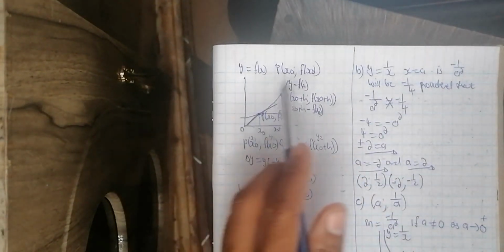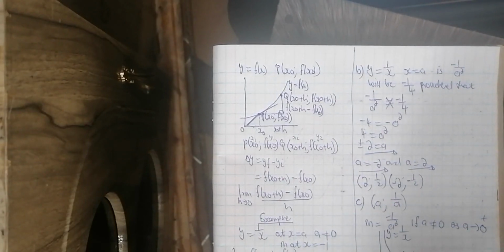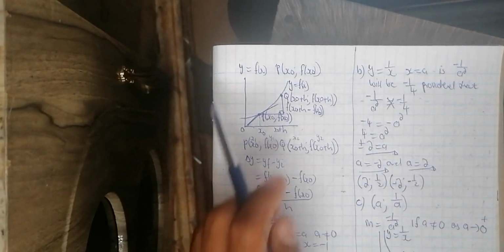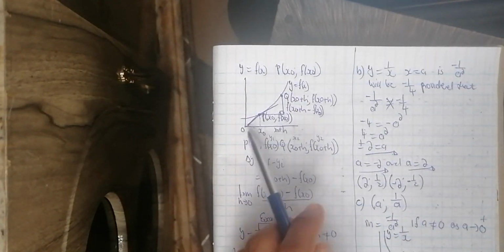Interpreting what now? Interpreting the derivative of a function as a secant line. The first application here. If we are dealing with a secant line, the derivative gives the slope of this curve at this point. Right.